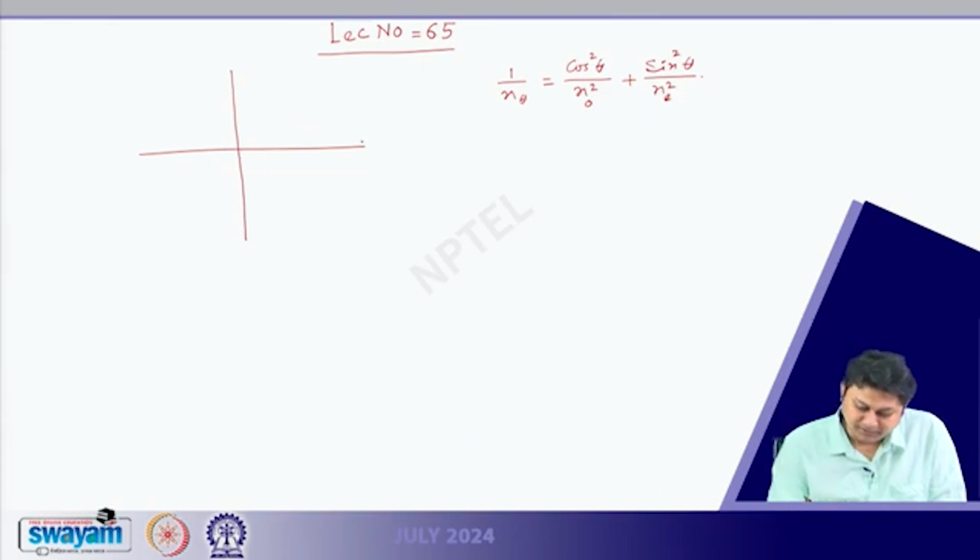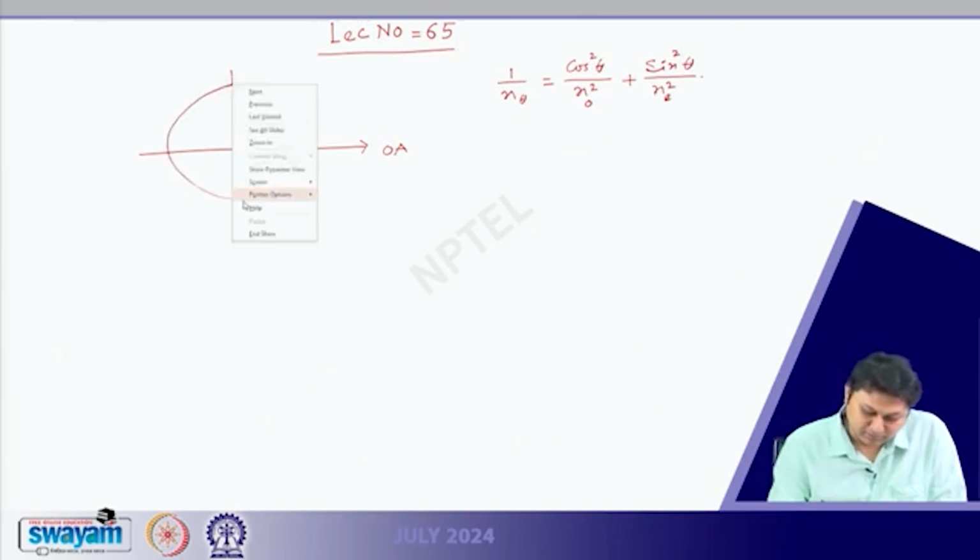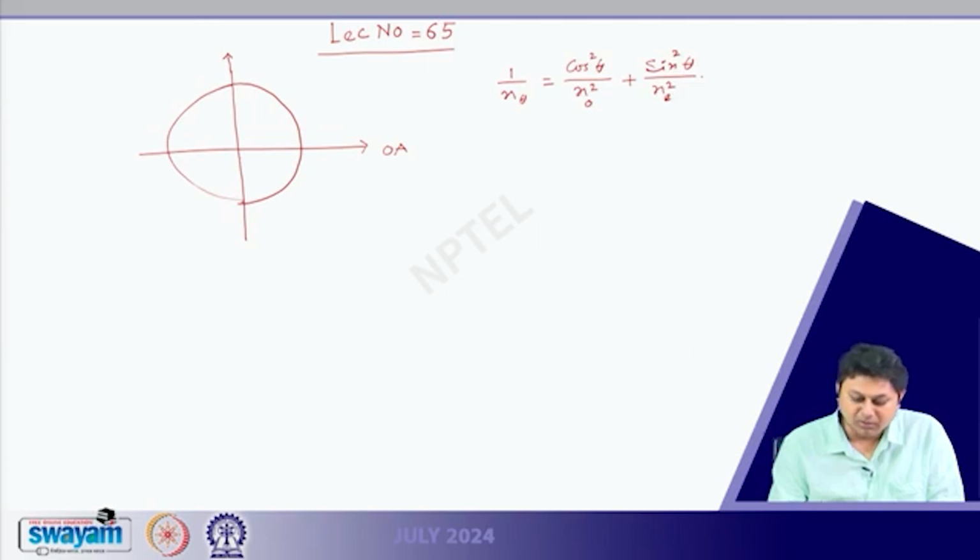So if this is the axis along which the optic axis is placed, then for the ordinary ray the index will be equal in all directions. It should be simply a circle. So in all directions the value will be n o.